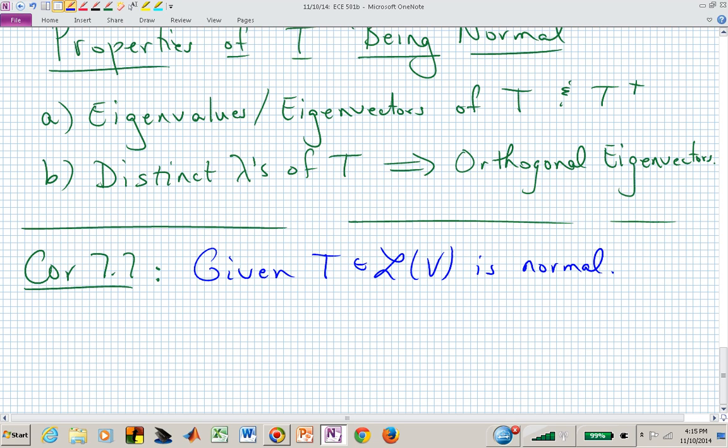Remind me again what that means. When an operator is normal, what's another way of saying that? It commutes with its adjoint. So now we know that T dagger T equals T T dagger when I make this claim. Or given T, then T commutes with its adjoint.